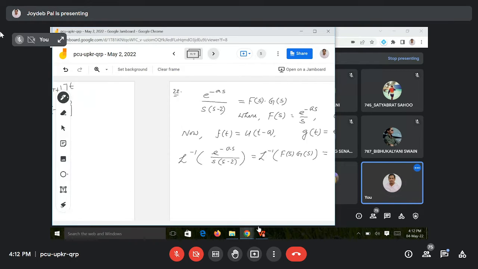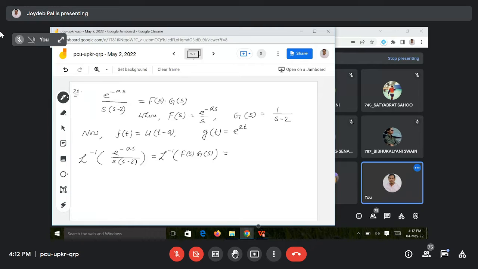So here it will be the convolution of f and g. And what is the definition of this convolution? Integral from 0 to t of f(tau) g(t minus tau) d tau.